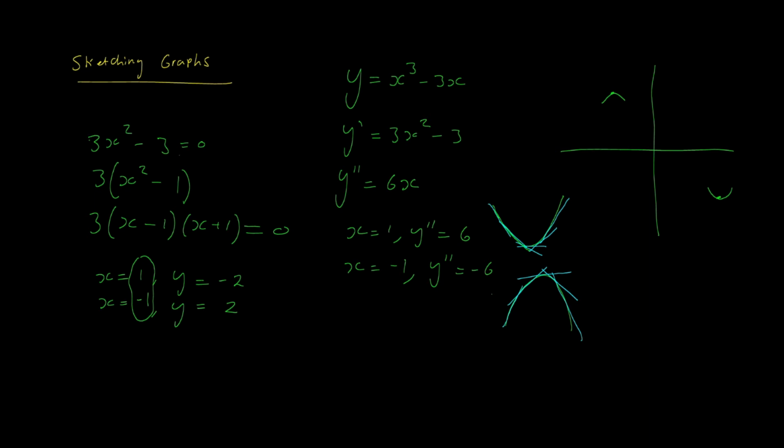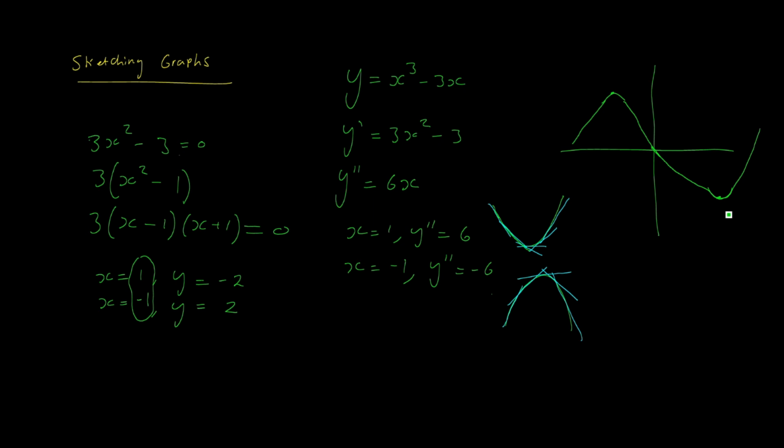But we still don't know where this crosses the y-axis. So to do that, we simply plug in x equal to 0 up here, and we find y comes out as 0 as well. So we know it crosses the y-axis at 0 when x is 0. So we know it's going to cross this point here. Now, we know there are no other points of inflection in this case, so we can sketch out our graph nicely like that.